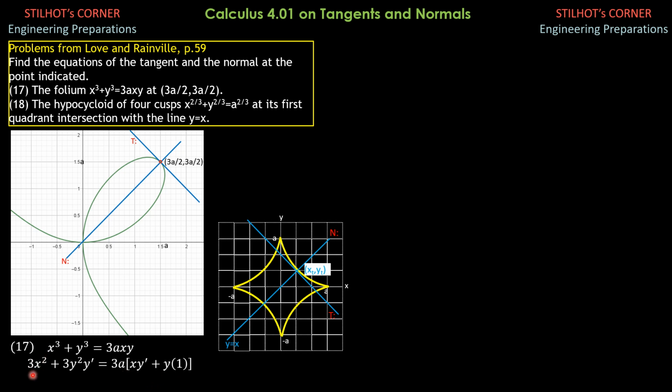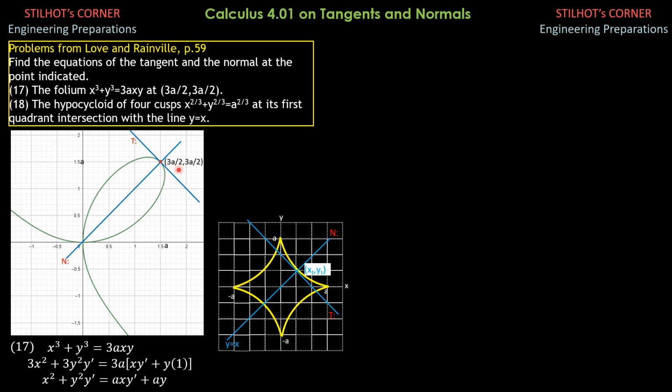We cancel out 3 and simplify: x squared plus y squared y prime equals ax y prime plus ay. So y prime is the slope of the tangent at that point.